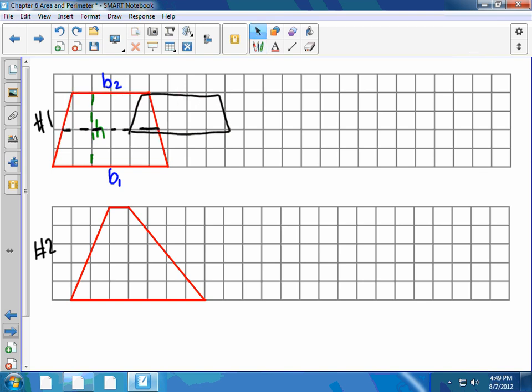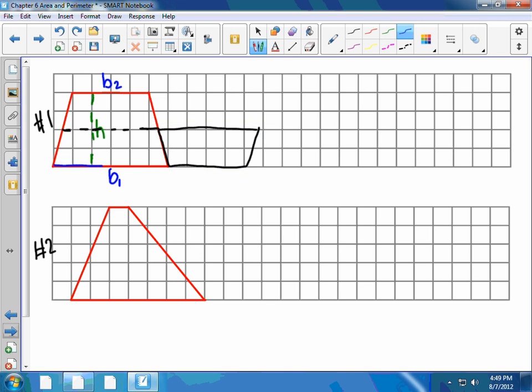And I can take that quadrilateral, flip it around, and reconnect it to the bottom portion. And you'll see here, I'm going to get a parallelogram. And the base of the parallelogram is the first base of the trapezoid, plus, and you can see here, this is the second base.